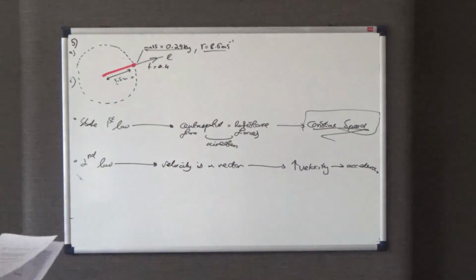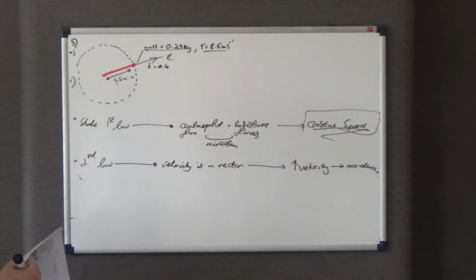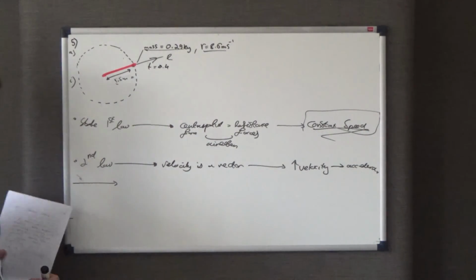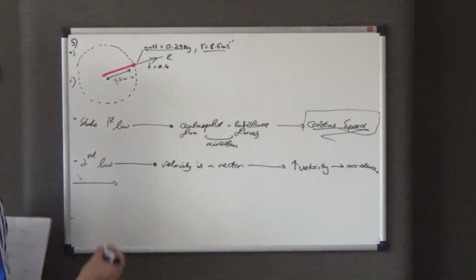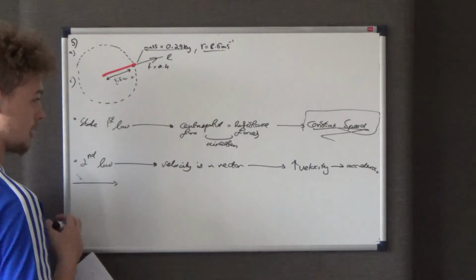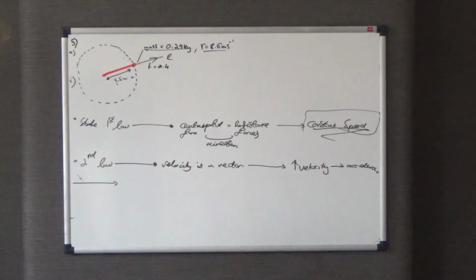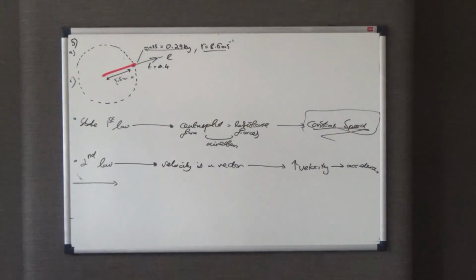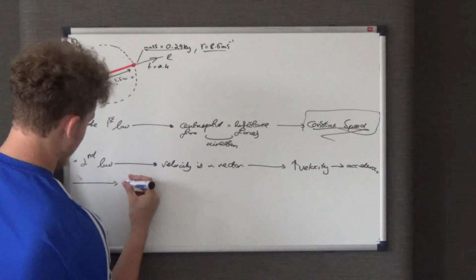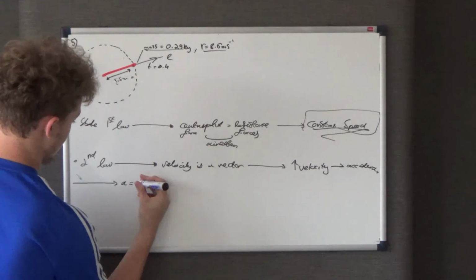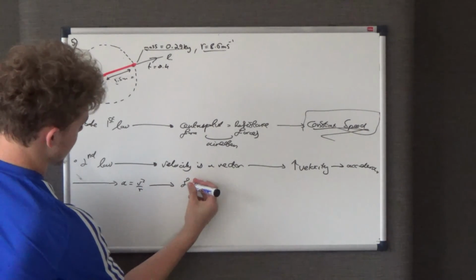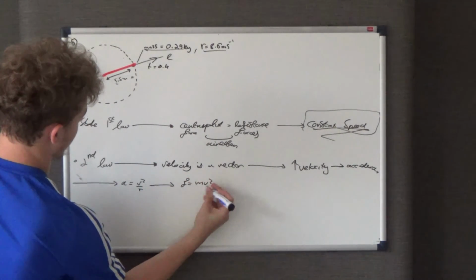So even when the object is at constant speed, you would go on to talk about the fact that the acceleration acts towards the centre, and you would relate that to the centripetal force. Acceleration equals v squared over r, and F equals ma gives F equals mv squared over r.